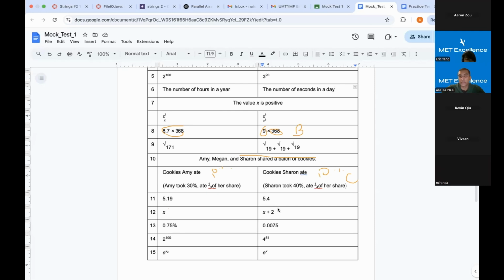So B is going to be bigger. If x is positive, this could be 1, and this would be 3. So B would be bigger. Wait, one second. No, in this case, B is always bigger. My bad. Sorry.